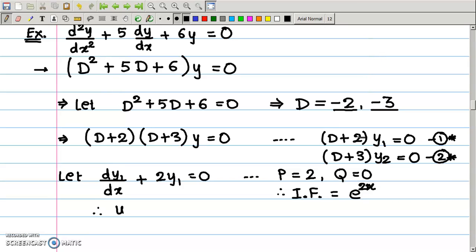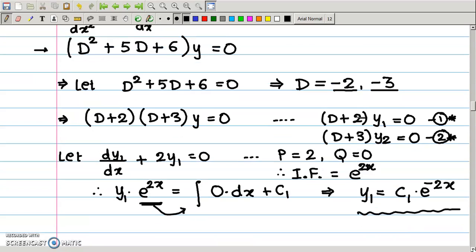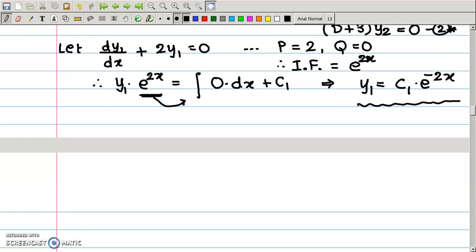Therefore the required general solution is y times the integrating factor equal to the integration of Q into the integrating factor with respect to x plus c. So this implies our variable is y1. Therefore y1 is equal to c1 times e raised to minus 2x. If we take this exponential function to the right hand side, we get this as our required solution for equation number 1. Same is the case for equation 2.